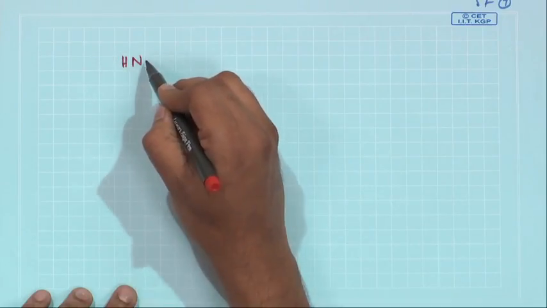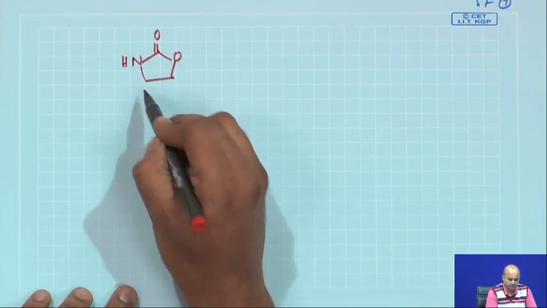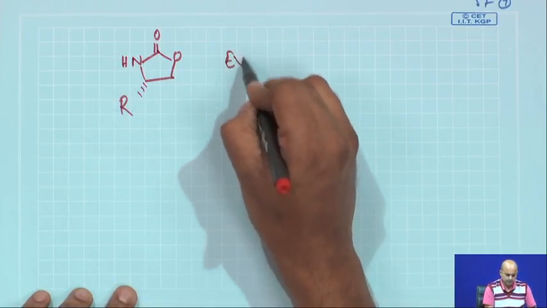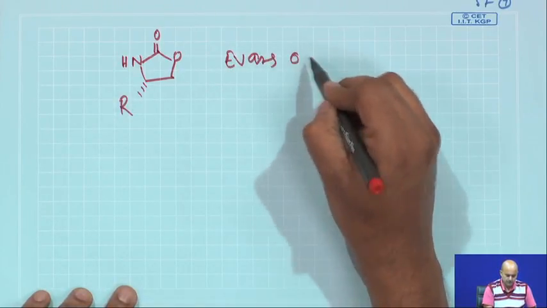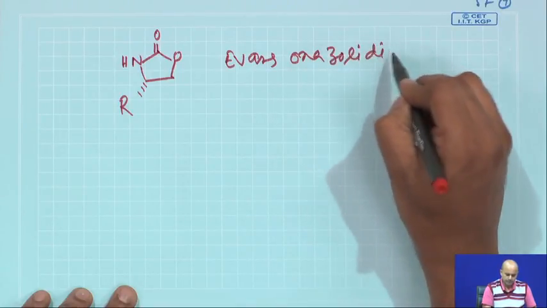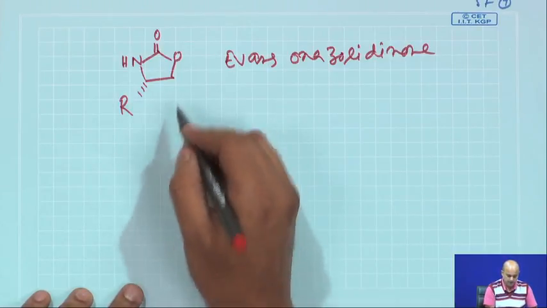I will pick one auxiliary which is very often used, named the Evans oxazolidinone. The Evans oxazolidinone has this kind of structure. As I said, these oxazolidinones are commercially available, or you can even make them in the lab.